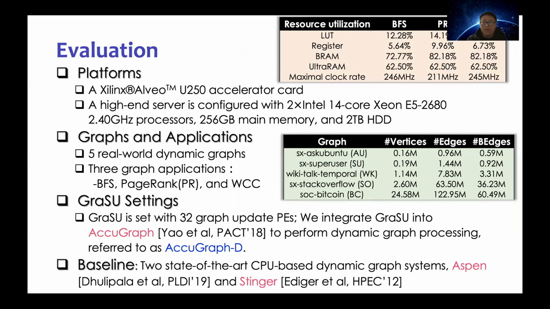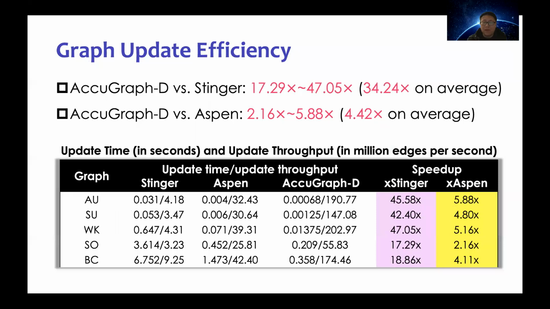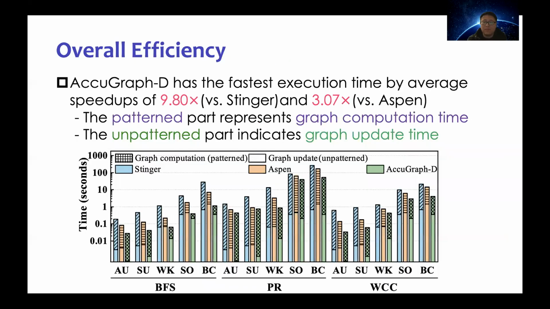Three graph algorithms are selected and tested on 5 real-world dynamic graphs. AccuGraph-D outperforms Qinggang and Aspen by an average of 30 times and 4 times speedups in terms of update throughput. In addition, we improve overall efficiency by 9 times and 3 times on average.